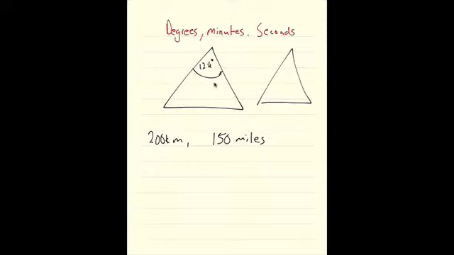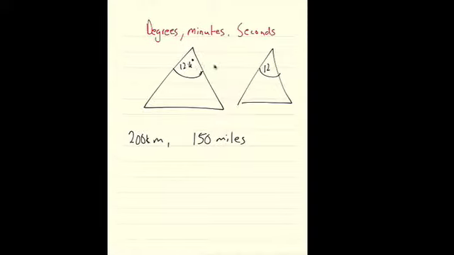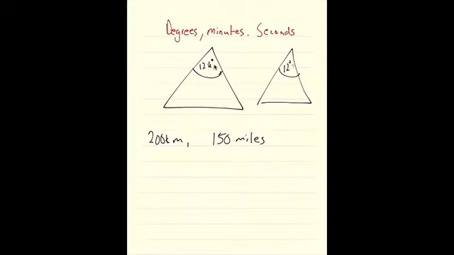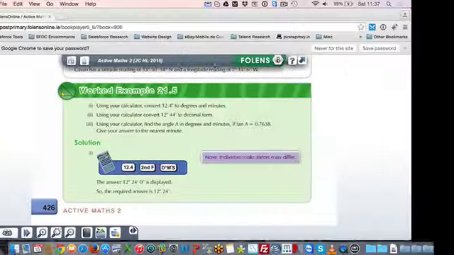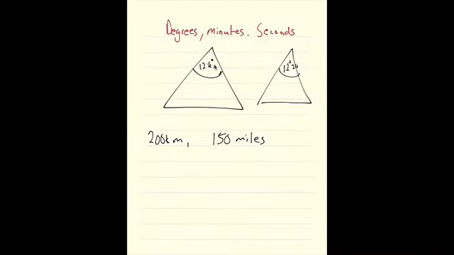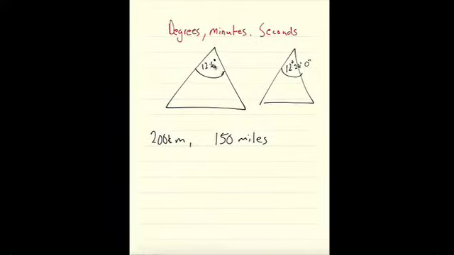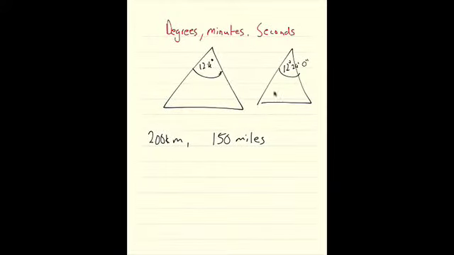You could have a triangle with an angle of 12.4 degrees, or you could have an angle of 12 degrees 24 minutes and 0 seconds.